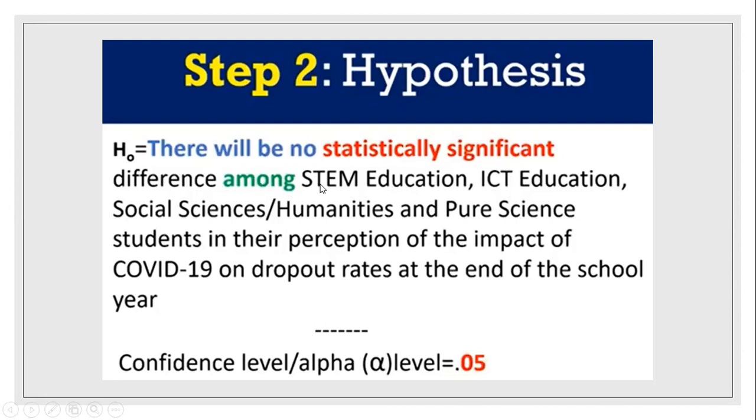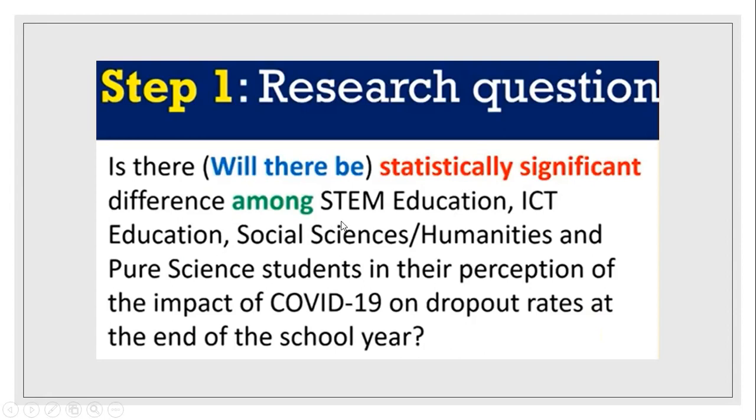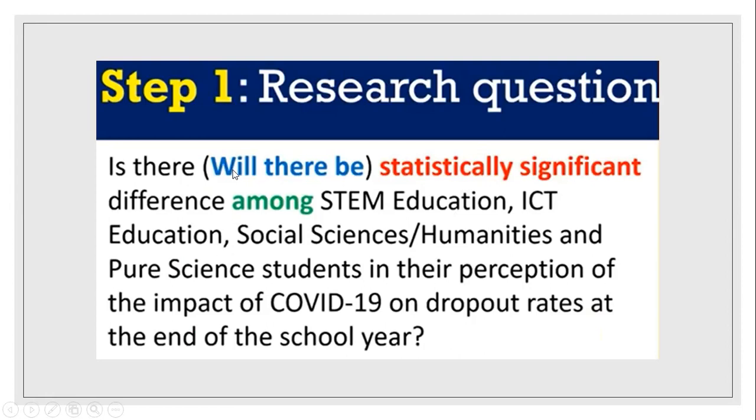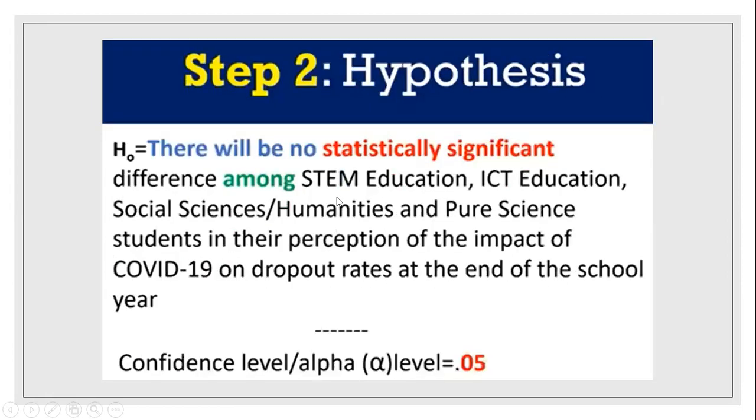You can see the way my research question is written. The only difference is, is there or will there be? Every other part is the same. For the hypothesis it is "there will be no", but for the research question it is "will there be?" So take note of how to state hypotheses and research questions.